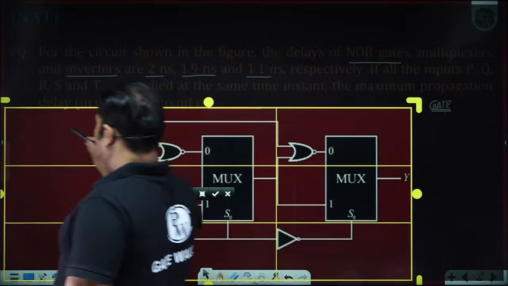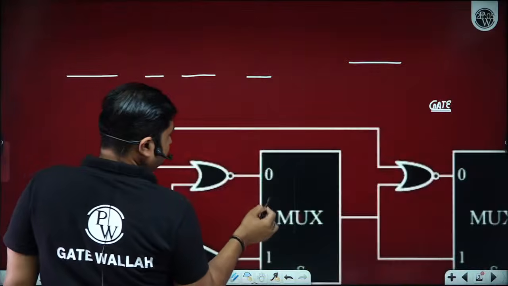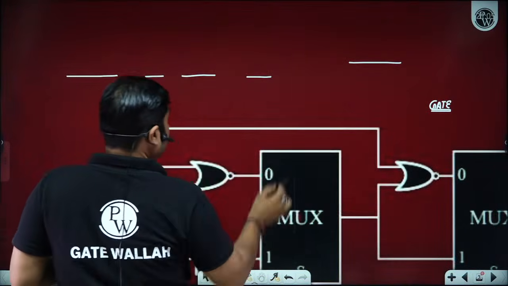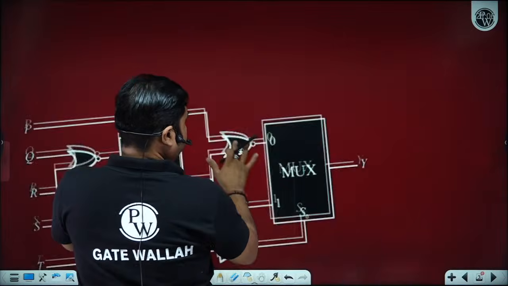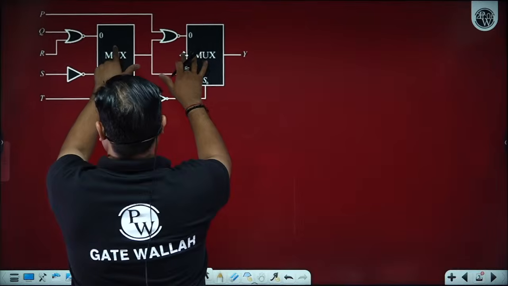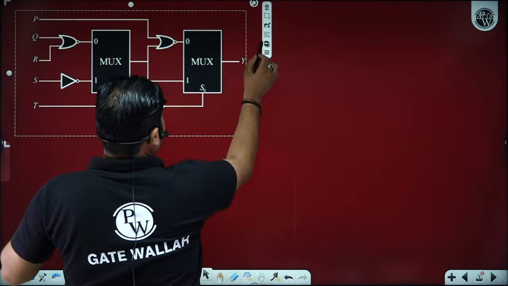I need this circuit to explain to you, so allow me to take this circuit first. Hoping all of you can see this circuit.